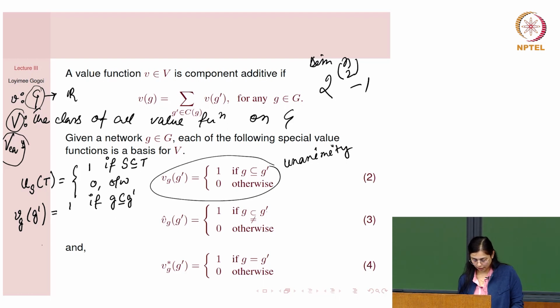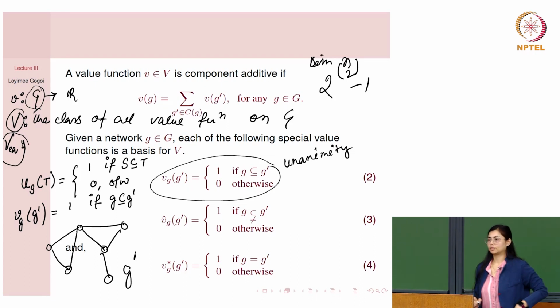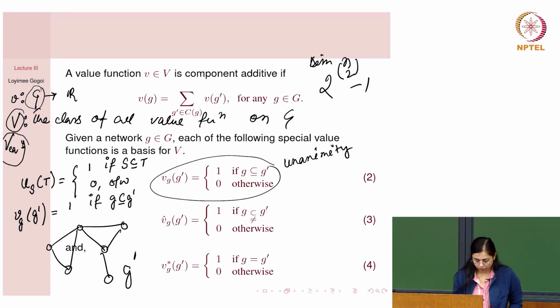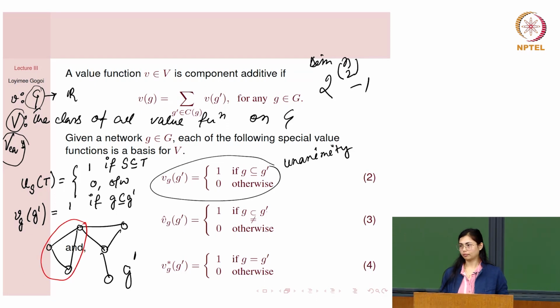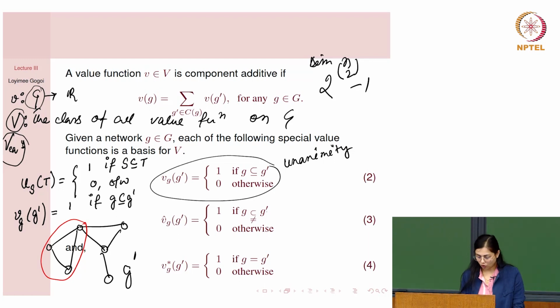Suppose this is my graph. Let's take an example. This is one graph Z, or Z prime, and it could be anything. For all subgraphs of Z prime, it's 1, otherwise it is 0.